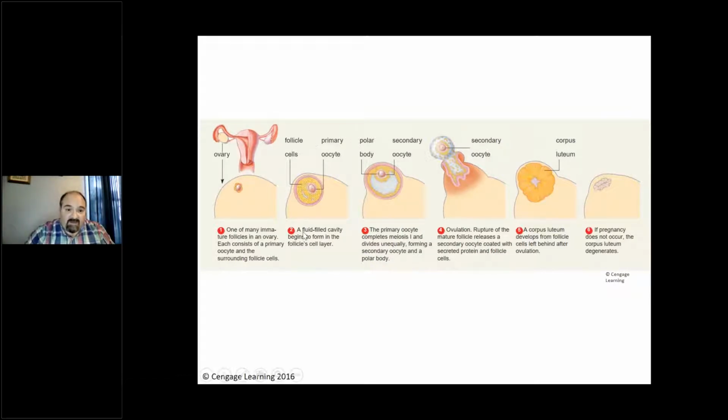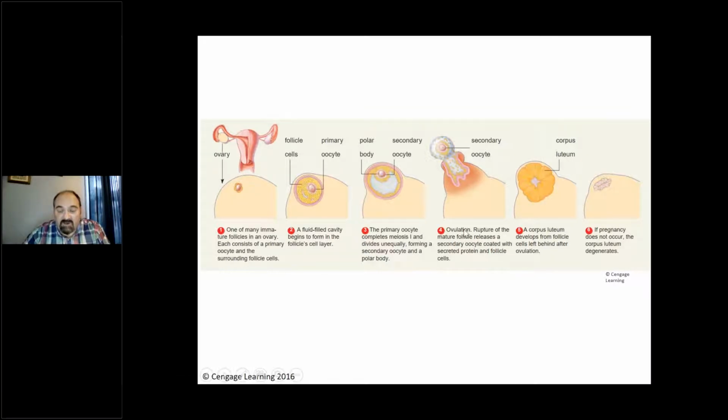So we have here then, a fluid-filled cavity begins to form in the follicle cell layer. You'll see here there's the oocyte, right? The primary oocyte completes meiosis 1 and divides unequally, forming a secondary oocyte and a polar body, which will in turn help to nourish and help to enable the maturation of the ovum.